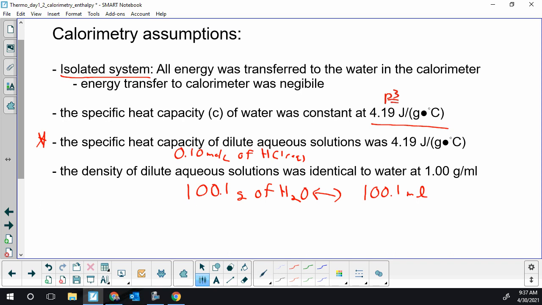In many cases, we're going to measure the volume of water and determine its mass from this 1-to-1 ratio. But we're going to do the same thing with dilute aqueous solutions.